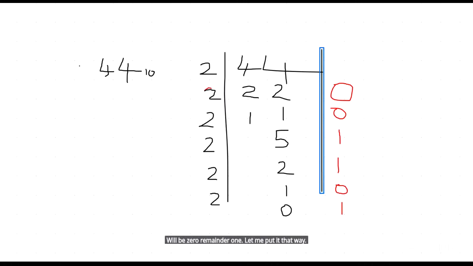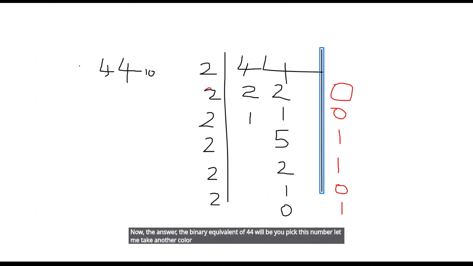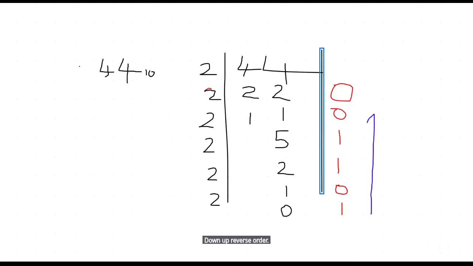Now the binary equivalent of 44 will be, you pick these numbers from down to up, in reverse order.